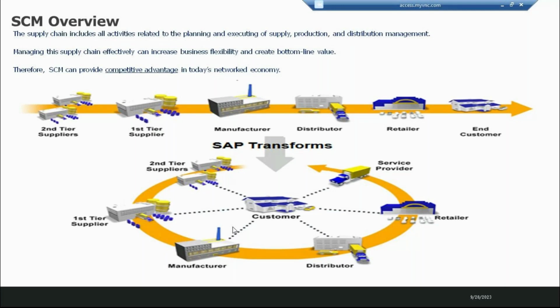So what is supply chain management? Say for example, you are a customer and you want to buy a car. Generally, you will buy from the dealer or retailer, and the dealer will get the car from the distribution centers. For example, in Hyderabad, they have one depot.